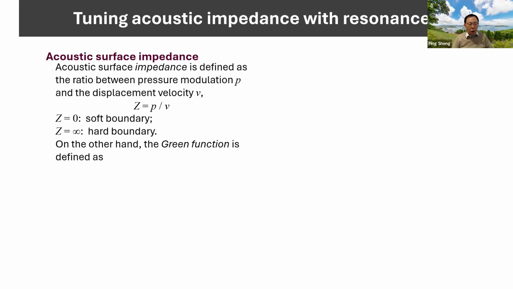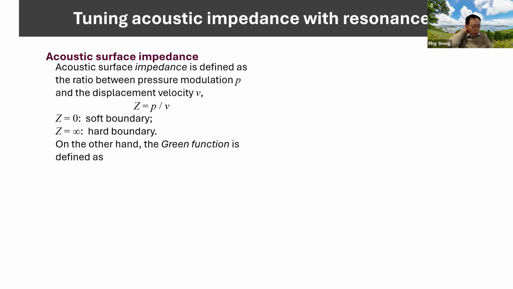So we denote the displacement velocity as V. Then the impedance is just P divided by V, okay? And Z can be equal to 0, and that's a soft boundary. And Z equals infinity, that's a hard boundary.